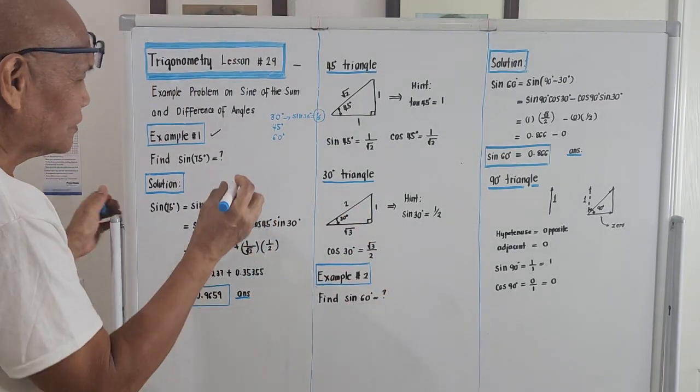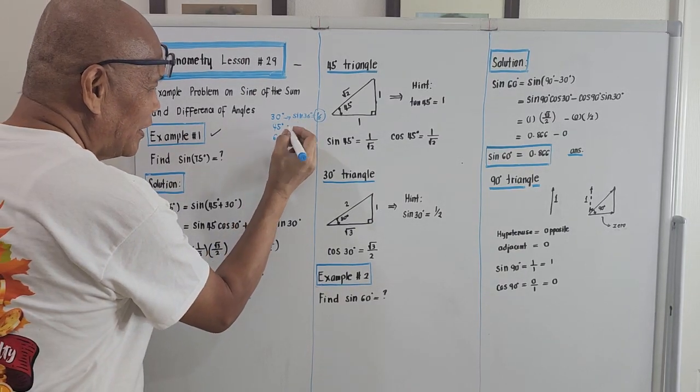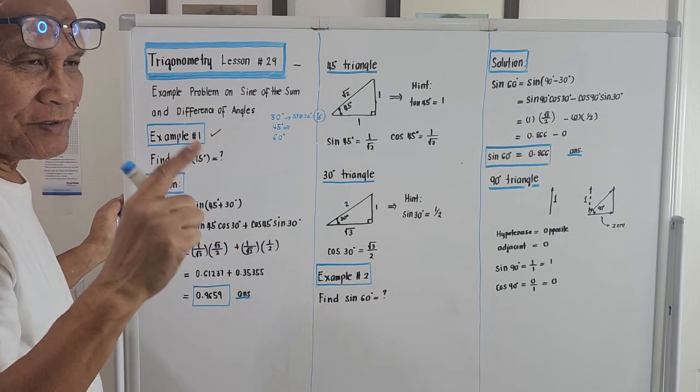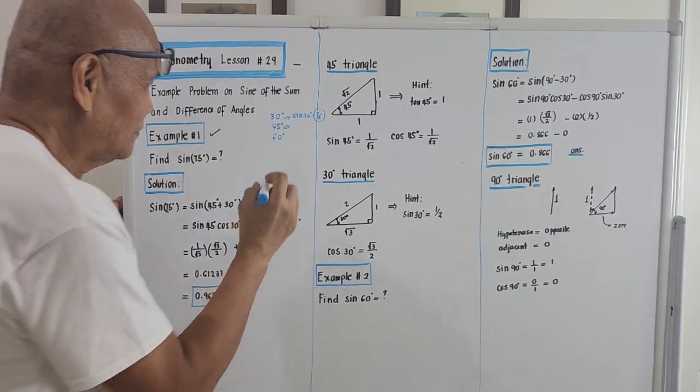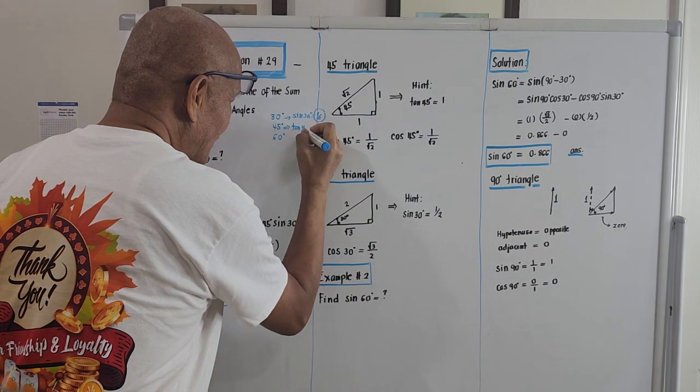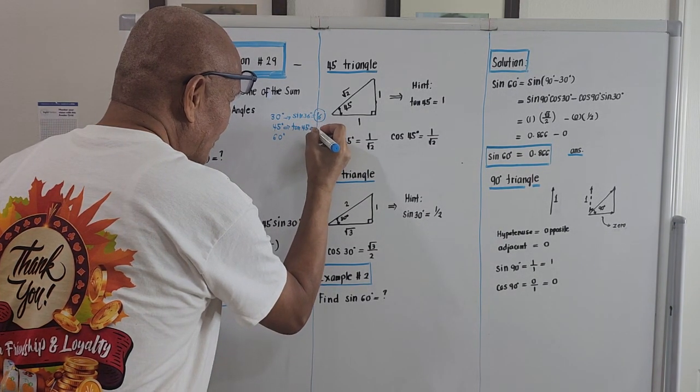How about 45 degrees? The hint for 45 degrees is this one: tangent of 45 degrees is equal to 1.